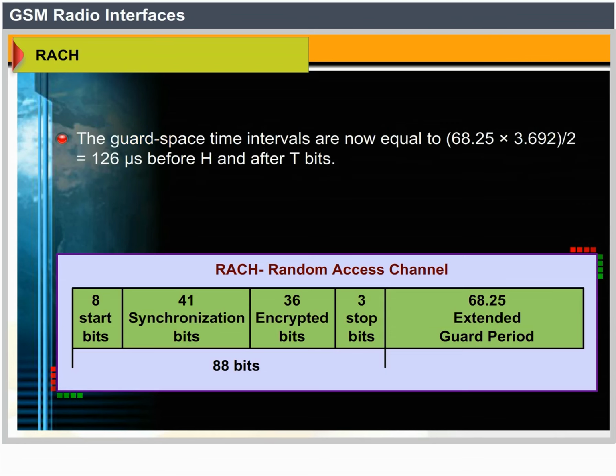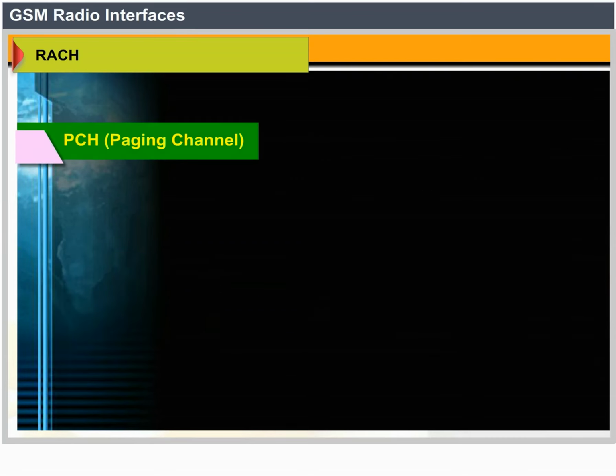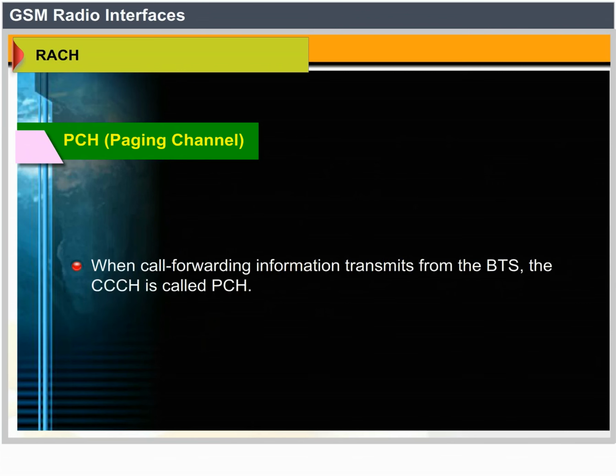The guard space time intervals are now equal to 68.25 × 3.692 / 2, equal to 126 µs before H and after T bits. PCH, paging channel. When call forwarding information is transmitted from the BTS, the CCCH is called PCH.